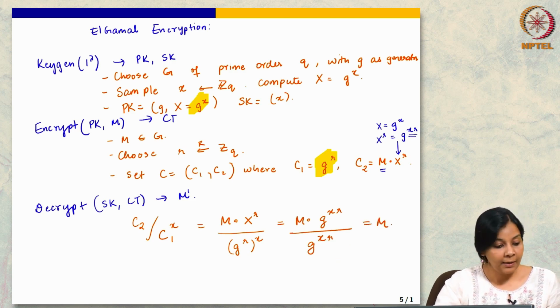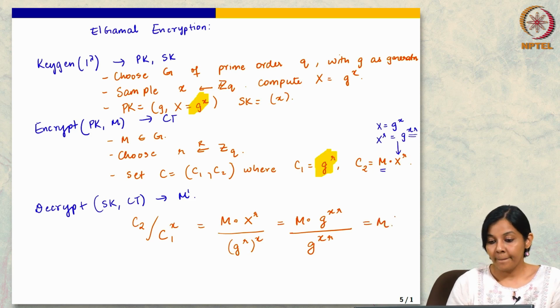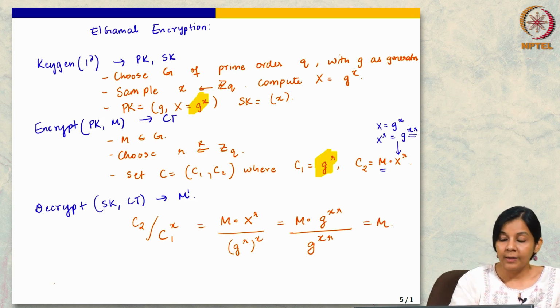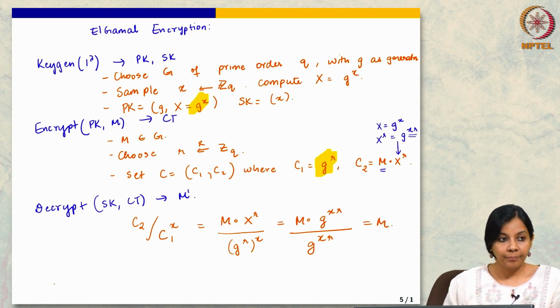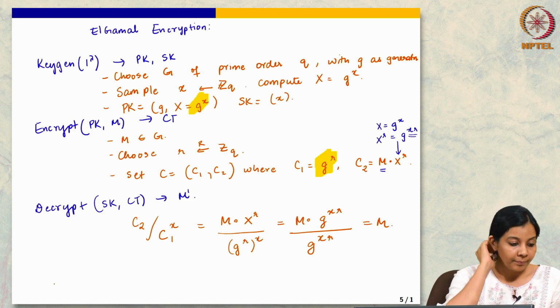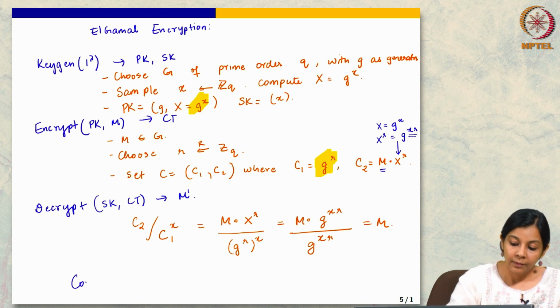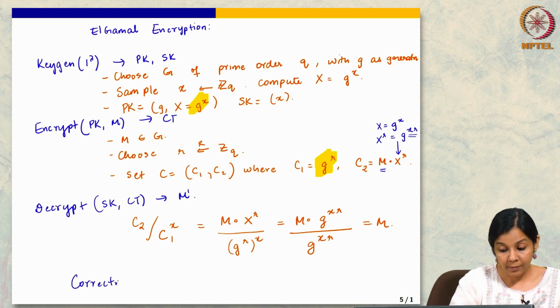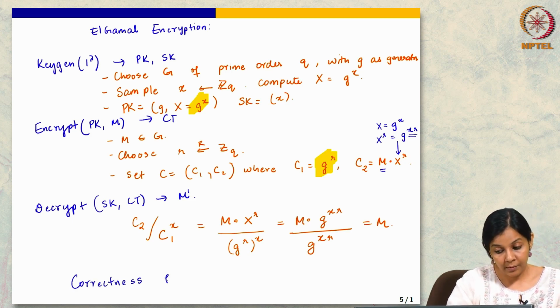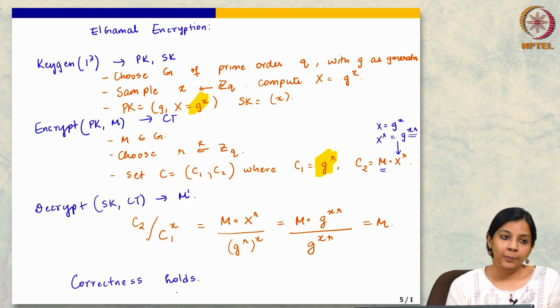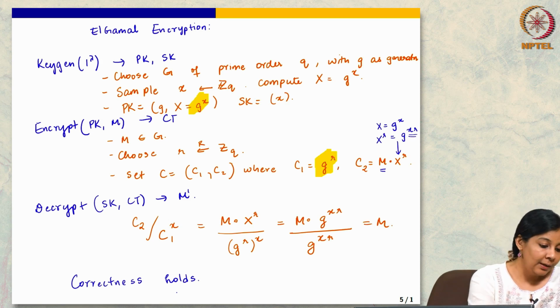So, I just get back M. So, the scheme is correct. Okay, so correctness holds. Can decryption fail with negligible probability? What do you think? Okay, I will let you think about that.